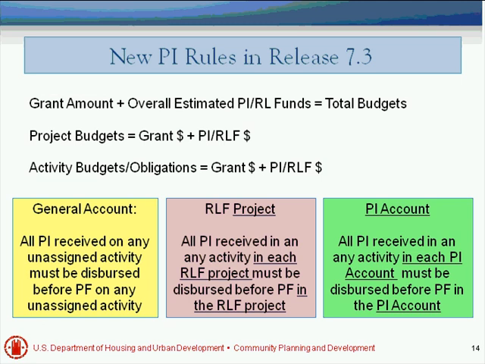So again, just to show these in terms of a little math rule and talk about the program income rule, in the edit action plan screen, which we'll show you in a second, grantees will actually estimate the overall program income and revolving loan funds that they expect to use for a grant. And we're going to talk about what we've done as part of the transition, the data migration from Release 7.2 to Release 7.3.